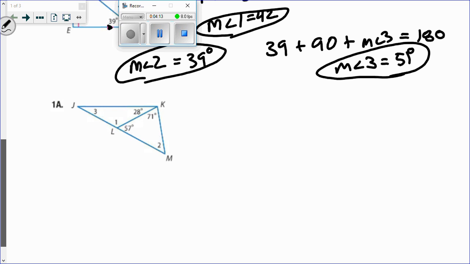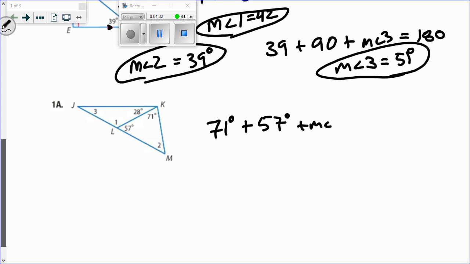Okay, so we should be looking to find all these missing angles here. Right off the bat, I see angle 2. Well, angle K and angle L there in that KLM triangle, all three of those angles should add to 180, of course.